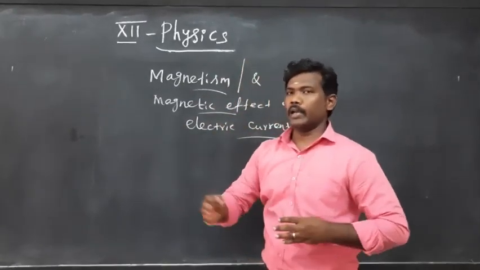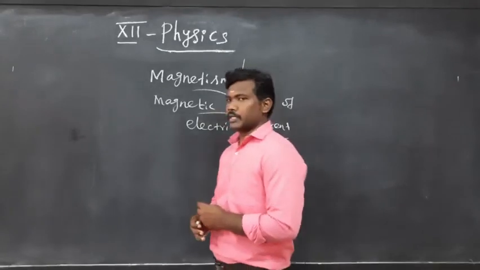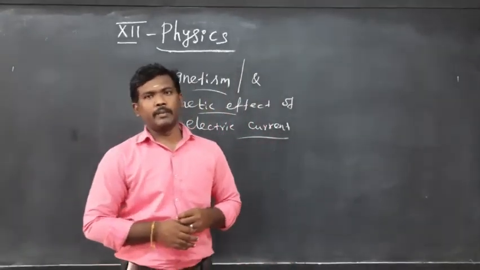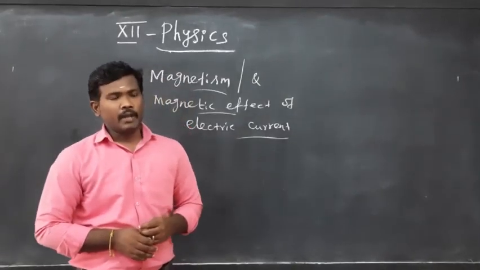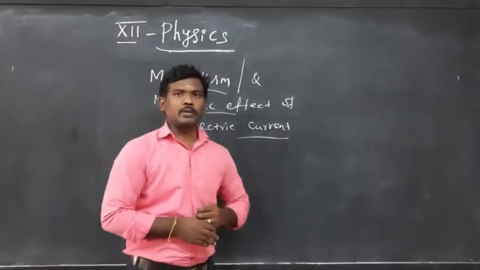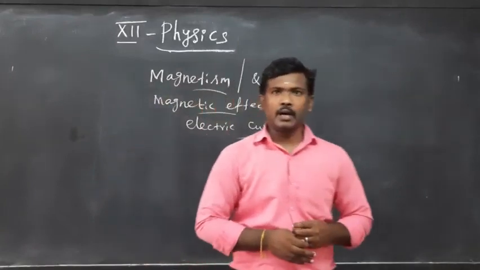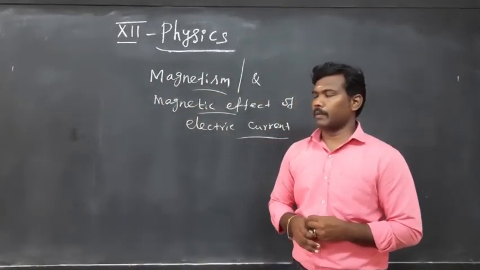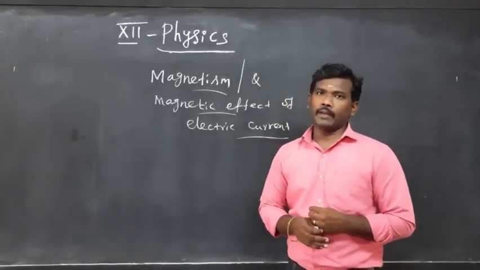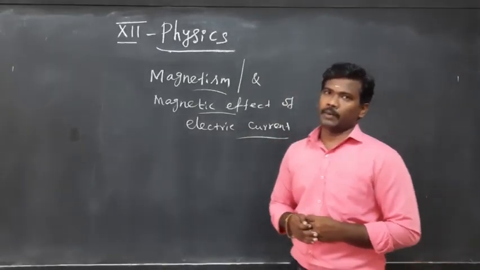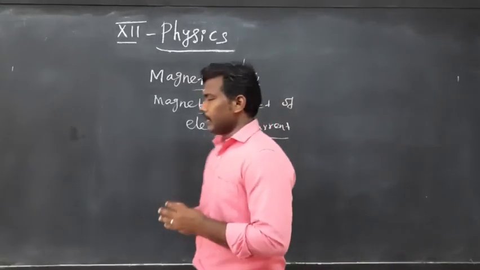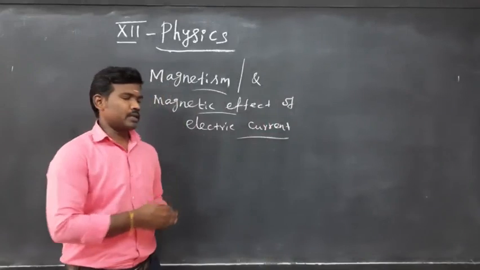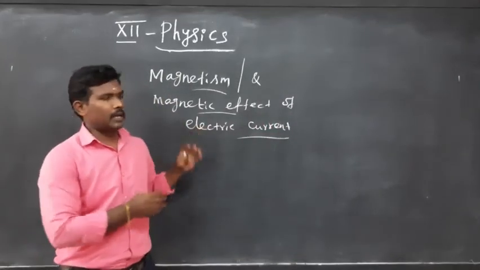At the beginning of this lesson, we are going to see what is meant by the earth's magnetic field, and next we are going to see the basic properties of the magnet, and another one is the types of magnets. Those things we are going to discuss in the first part of this lesson.